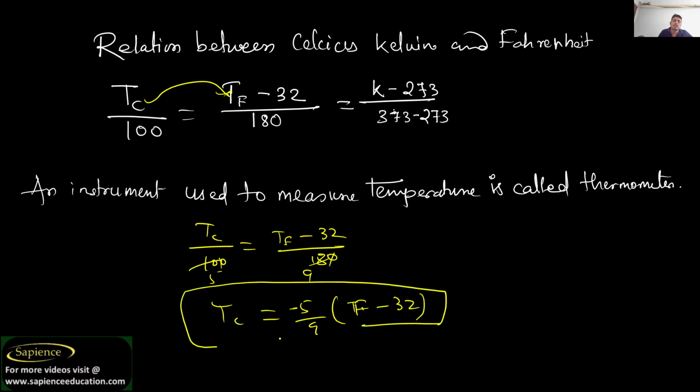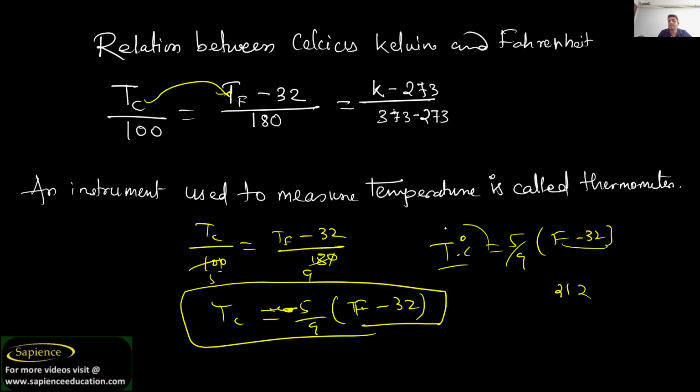So temperature in degrees Celsius is equal to 5 by 9 into (Fahrenheit minus 32). So if you have Fahrenheit as 212, what will you do? Use this so that you will get the temperature in degrees Celsius.